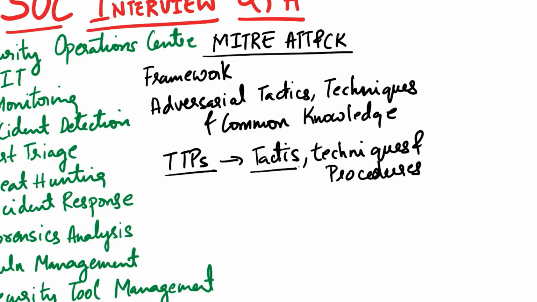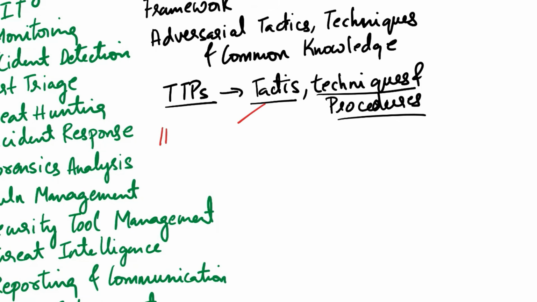So now let's see what are tactics, techniques, and procedures. Tactics are high-level objectives or goals that threat actors aim to achieve during a cyber attack. These are organized into categories such as initial access, execution, persistence, privilege escalation, defense evasion, credential access, discovery, lateral movement, collection, exfiltration, and impact.